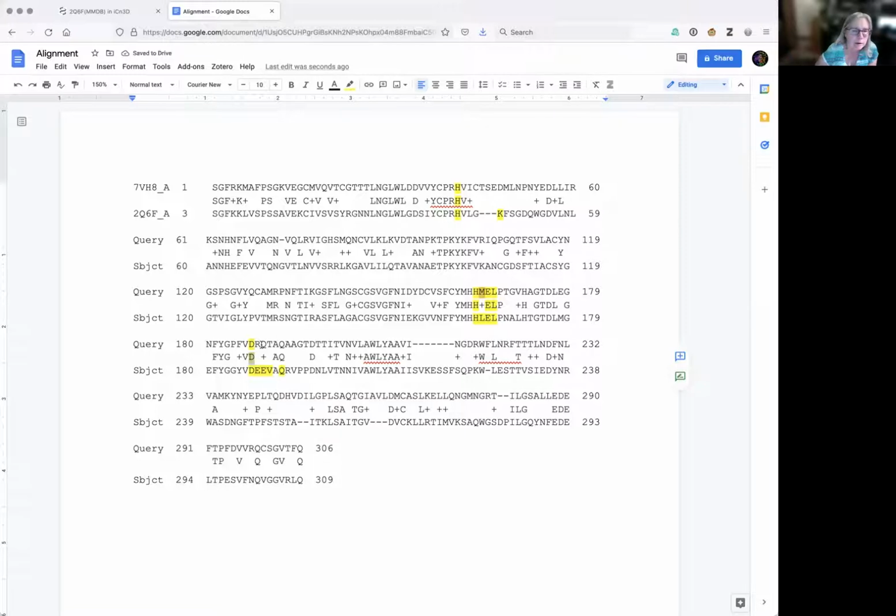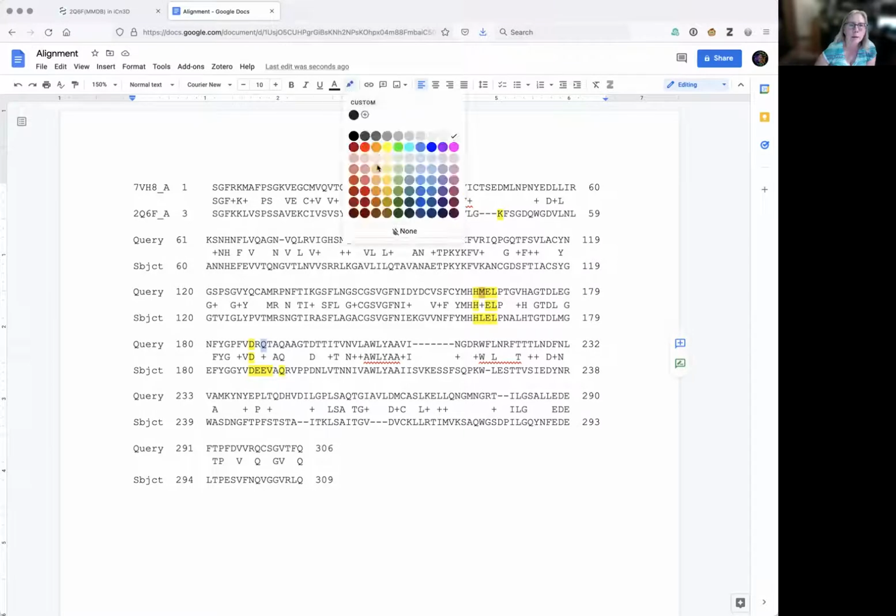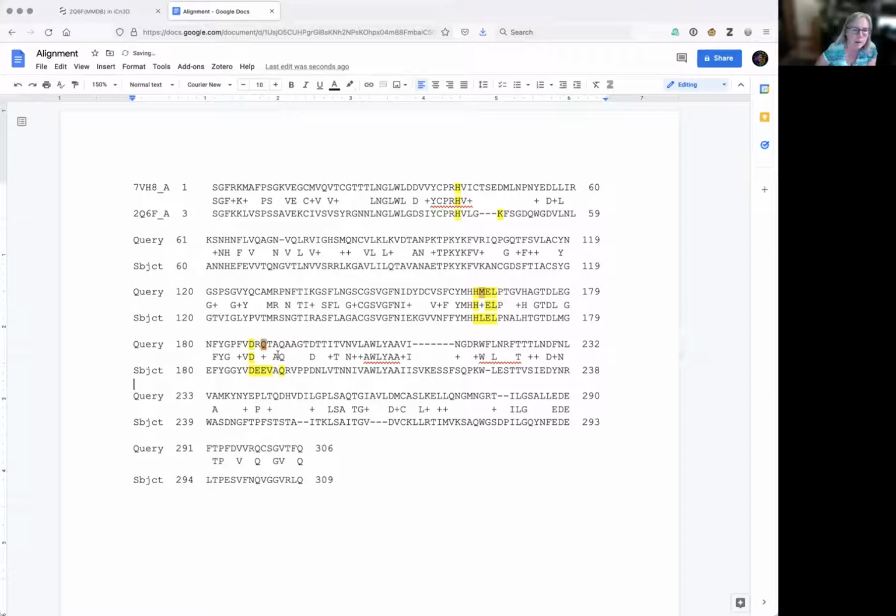There's a Q here, and it's saying that this is conserved, so I'll give it a slightly different color. And the Q is present, the glutamine.